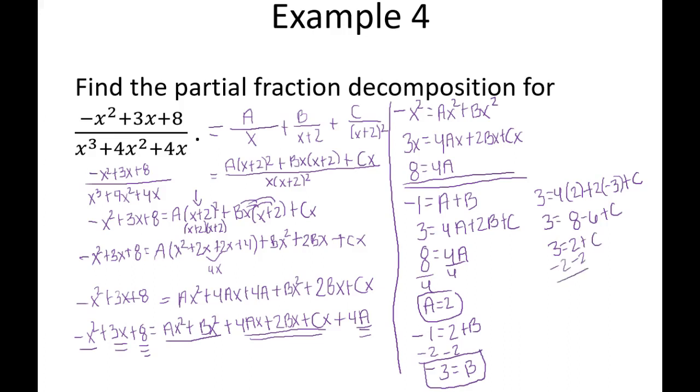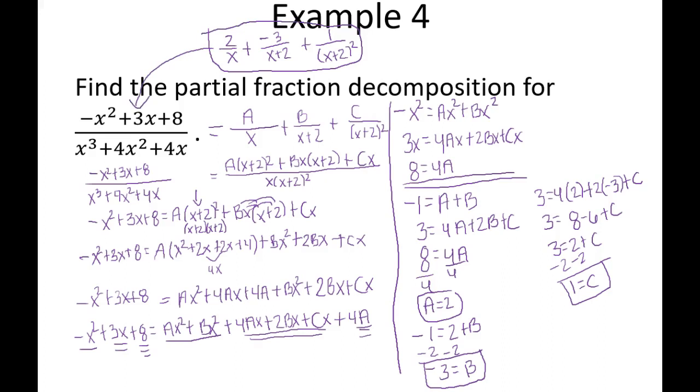And when we subtract 2 from both sides, it looks like c is going to be equal to 1, which means back in my original problem here, these three fractions can be rewritten as 2 over x plus -3 over x plus 2, or you could do minus a positive 3, plus 1 over x plus 2 squared. And so these three fractions are the three that you would have to combine in order to get this fraction right here.